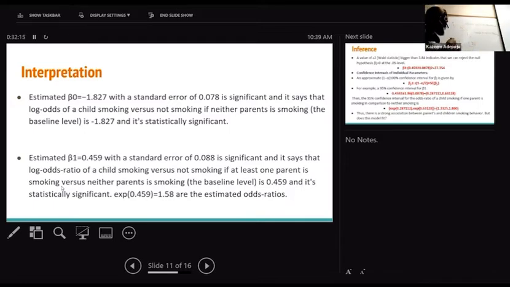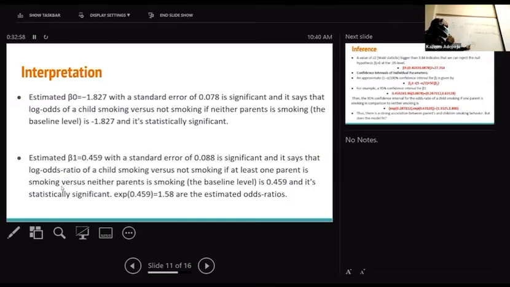And don't forget, this represents the probability of student smoke divided by the probability of student does not smoke. What does it mean? If at least one of the parents smoke, the odd of their child smoking is 1.58 times higher.